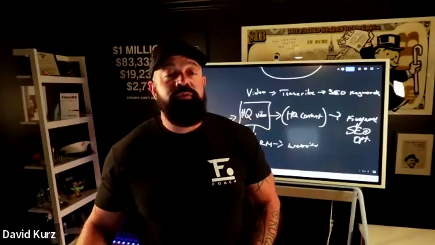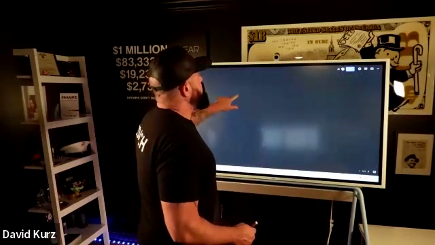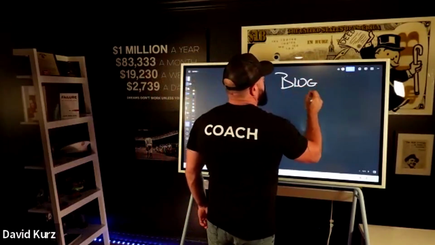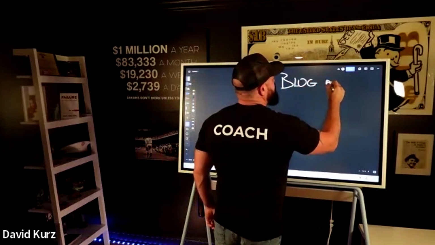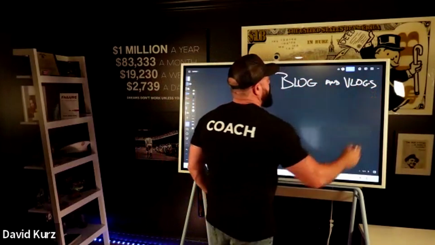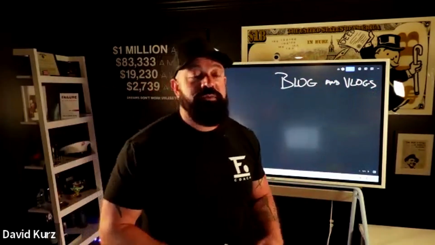Now, what are some different types of content marketing? Okay, we're going to go through this, right? So you can do blogs. Now, there's blogs, and we just talked about video, vlogs, right? Blogs is you writing content out on a website or a newsletter or something like that.